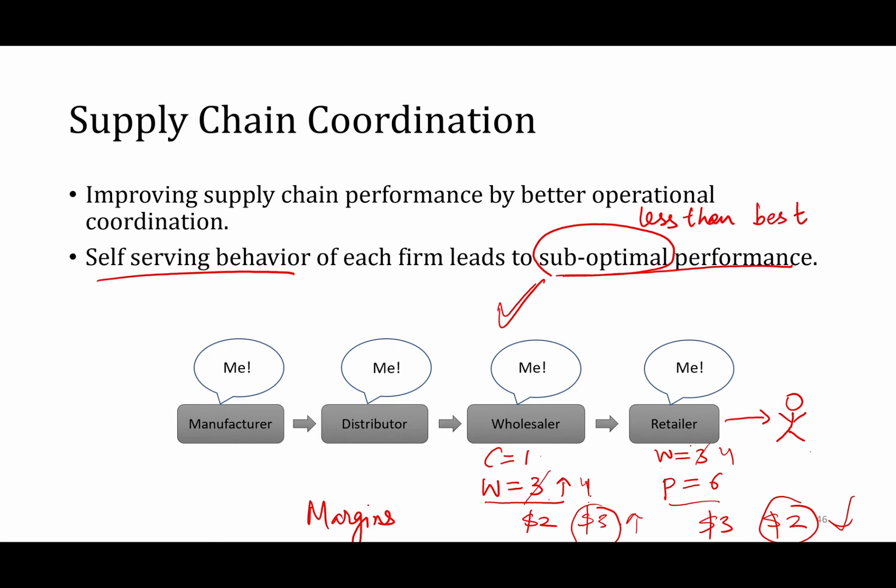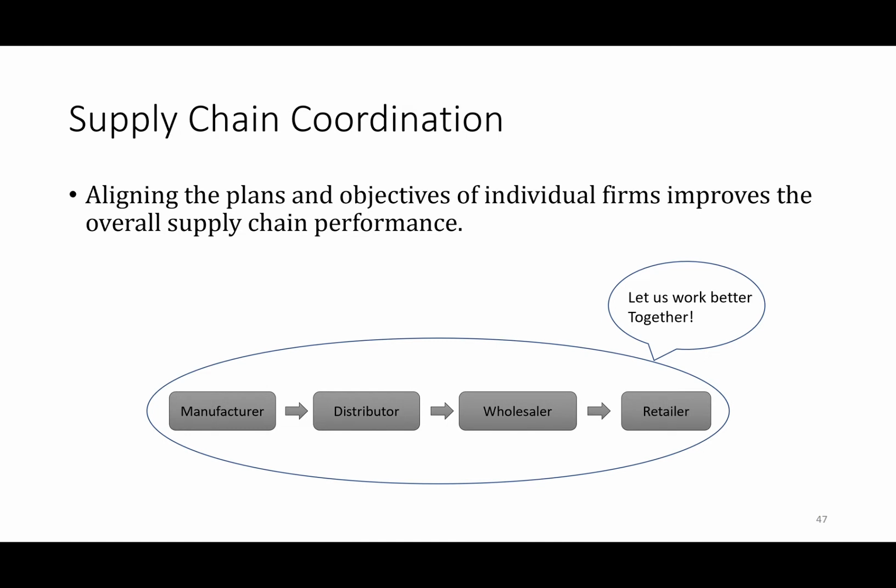All right. So coordination here means aligning the plans and objectives of individual firms in order to improve the overall supply chain performance, right? So what we're trying to do is improve the overall supply chain performance.